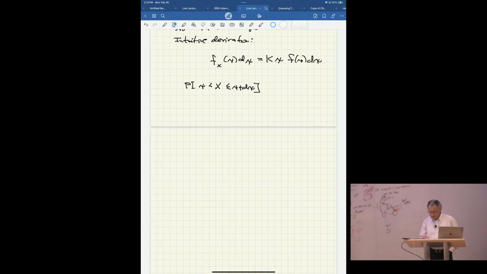If I've got this distribution here, then I can write down that the integral from 0 to infinity of f sub x, the special interval, integral of the density, is going to be equal to k times the integral of x f of x dx over the entire range 0 to infinity.